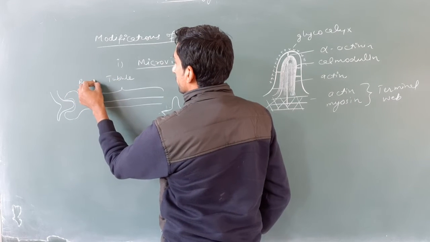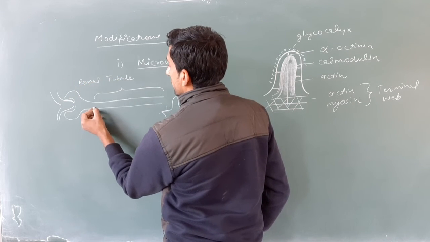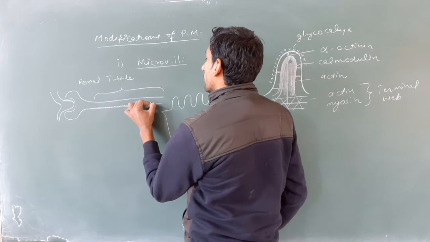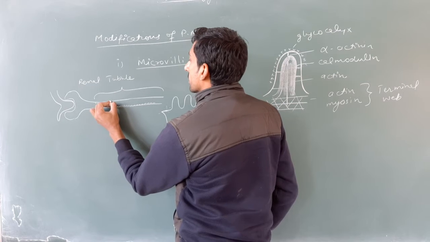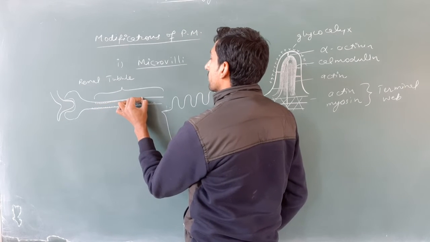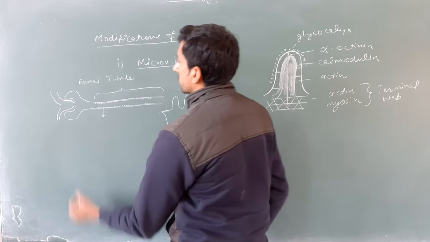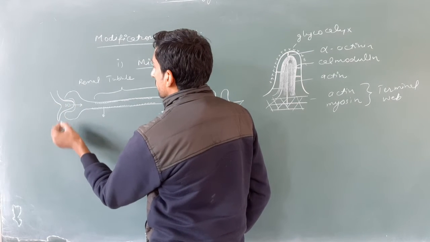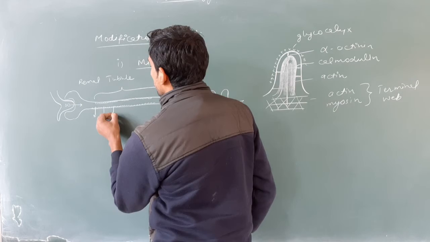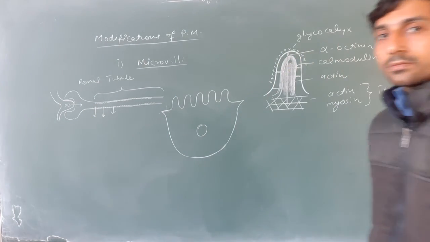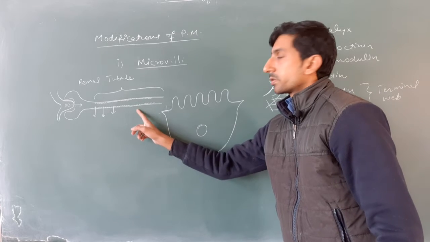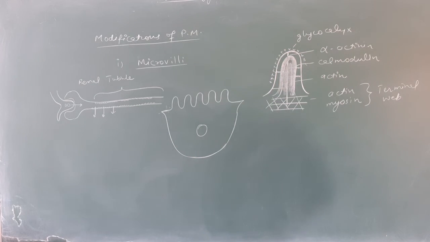The cells have brush borders formed by microvilli. This brush border increases the surface area for reabsorption of fluids. In the glomerulus filtration takes place, and here reabsorption takes place. So this cell comes from the renal tubule.